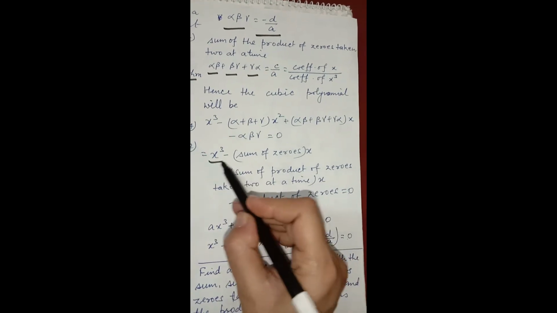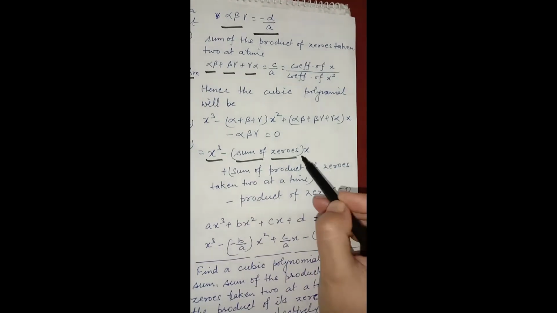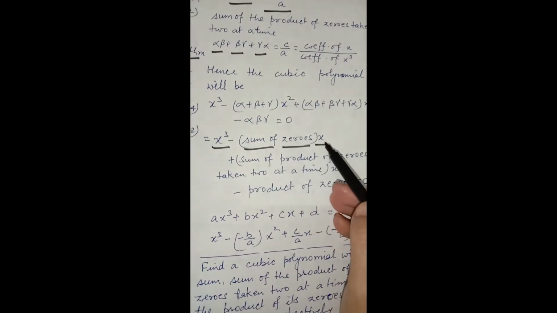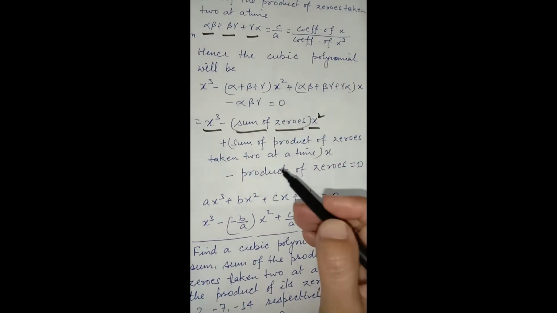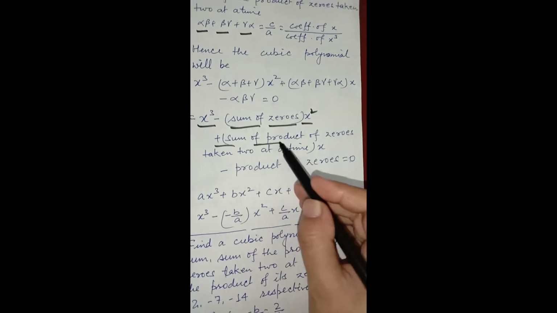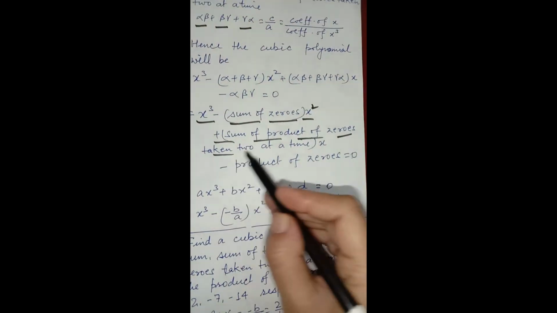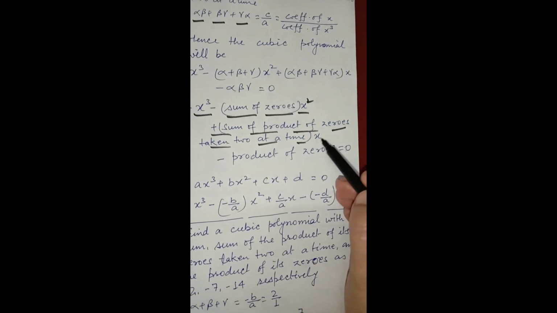X cube minus sum of zeros into x square plus sum of product of zeros taken two at a time into x minus product of zeros equals 0.